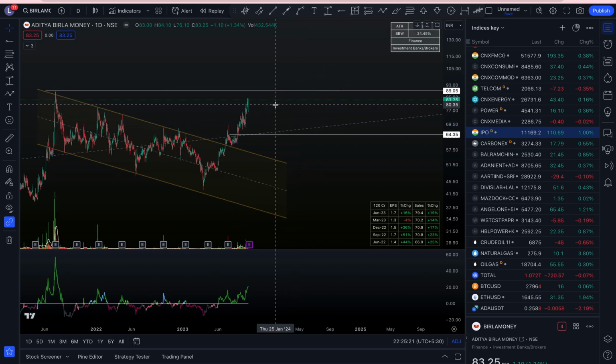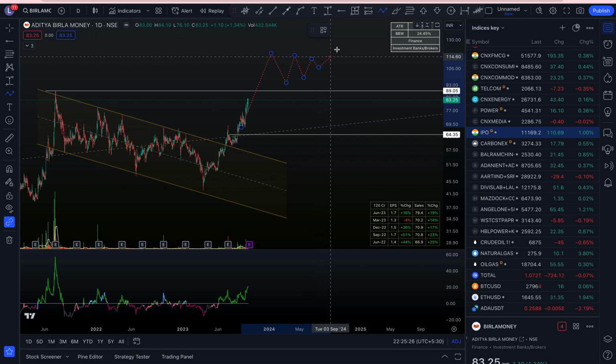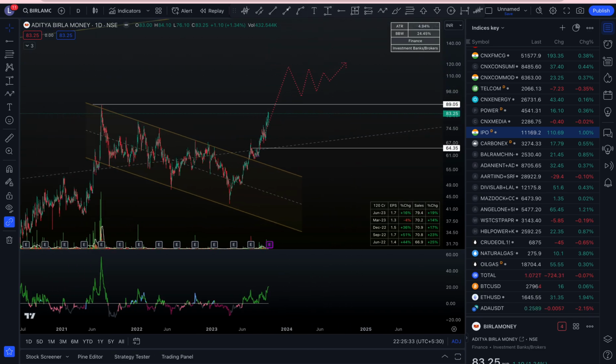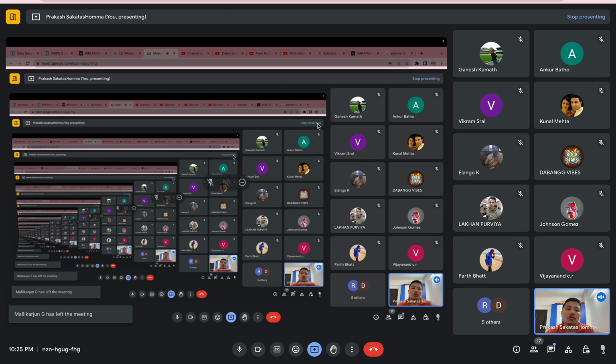Sometimes it will not happen here, तो कहाँ पे होता है, ये जाने के बाद यहाँ पे होता है, above that. So that is another really nice place one can enter. So these are market structures which repeat over and over again.